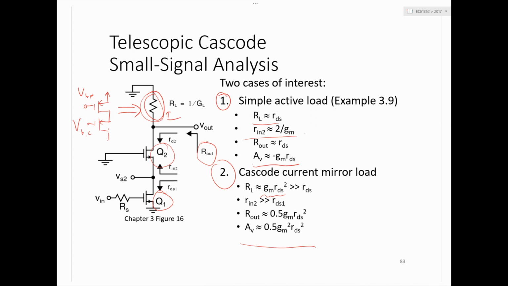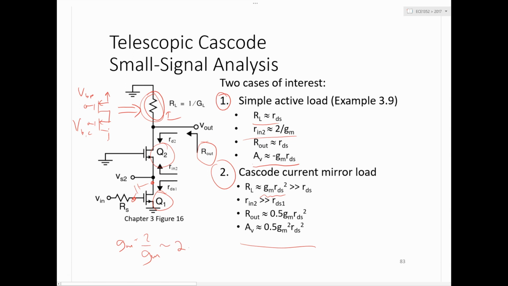Which means that the gain of Q1 is really just GM1 times Rin2, so something like 2 over GM, which means you've only got a gain of about 2.